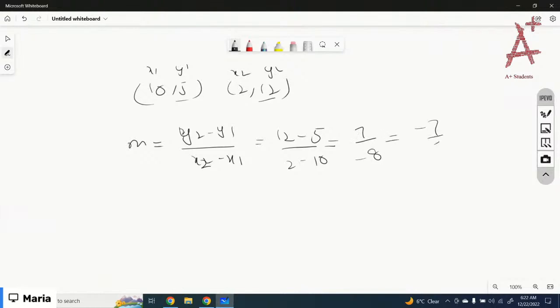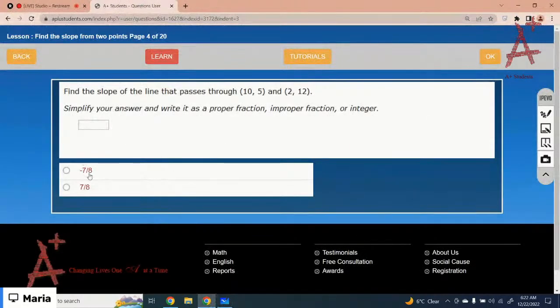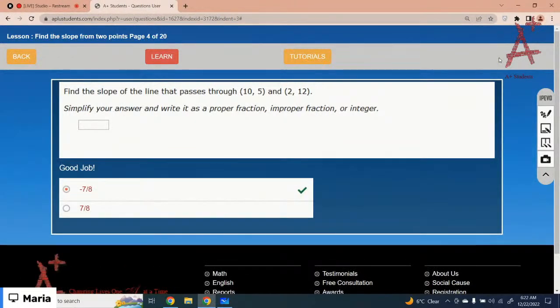So it would be negative 7 over 8. Got it? The correct option is negative 7 over 8. Got it? So just select the correct option and click on the OK button.